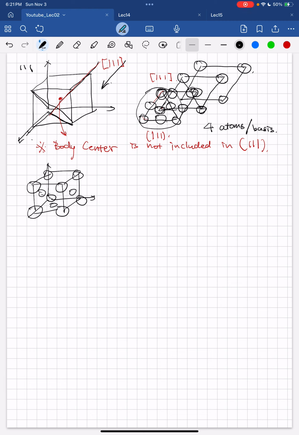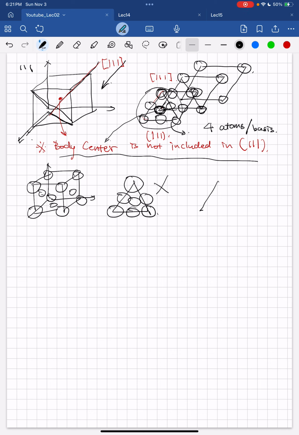If you take this part out, you see this is the same concept. So the body center is not included in the 111 plane. You stack this on top of this plane, so it will not look like this. Mind this, okay? It will look like this on the bottom plane.